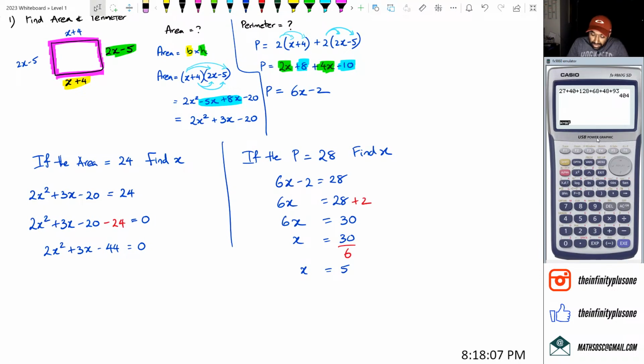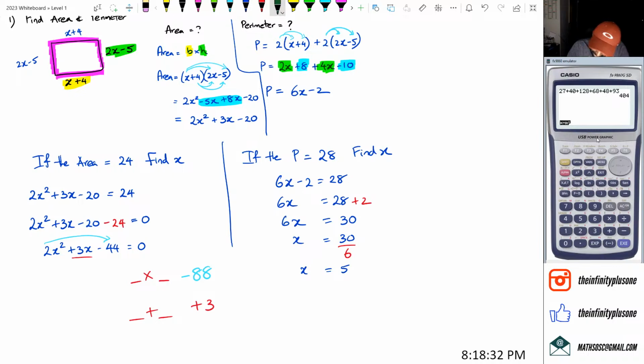Now here's where I start doing this weird algorithm. I take 2 times negative 44, which equals negative 88, and I'm looking for plus 3. So basically I'm looking for 2 numbers that multiply to negative 88 and add up to positive 3.